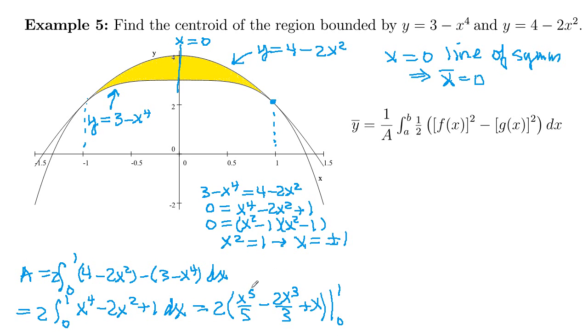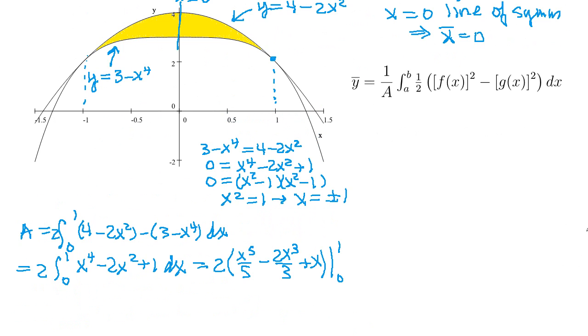If you plug in a 1, you get 1/5 minus 2/3 plus 1. So this will equal 2 times 1/5 minus 2/3 and plus 1. And if we plug that into the calculator, you will get 16/15.